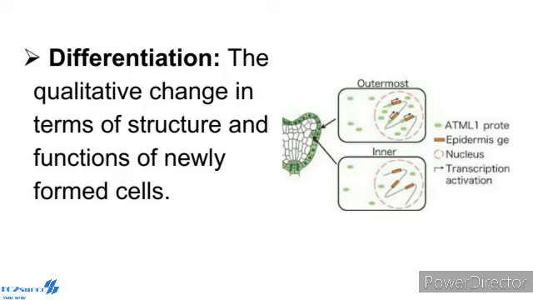This act leading to the maturation is termed differentiation. The cells undergo a few major structural changes both in their cell wall and protoplasm. Thus, differentiation can be defined as the qualitative change in terms of structure and function of a cell.